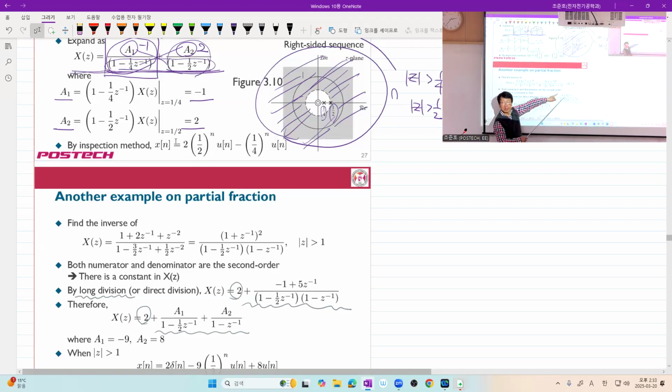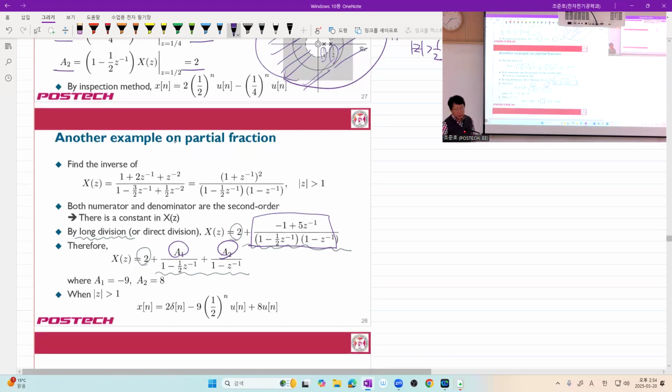Got it? So you have constant and first order, second order in Z inverse. And then you apply partial fraction expansion to the second term. So you find two coefficients, A1 and A2, and by comparing this part with that part, you can find these two numbers.